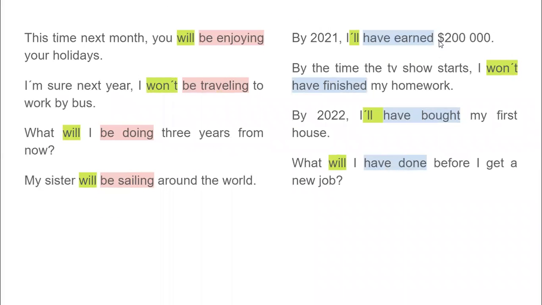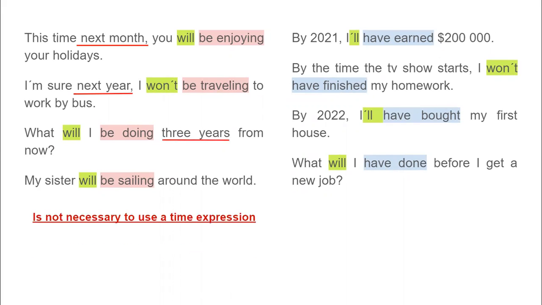Finally, talking about these 8 sentences, we said it's necessary to have a specified time for some of them, but it is not necessary for the other ones. So, in the red ones, it is not necessary to use a time expression.